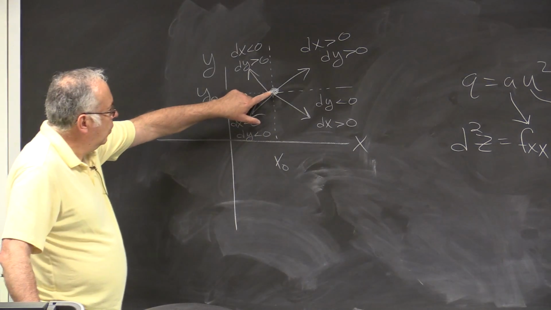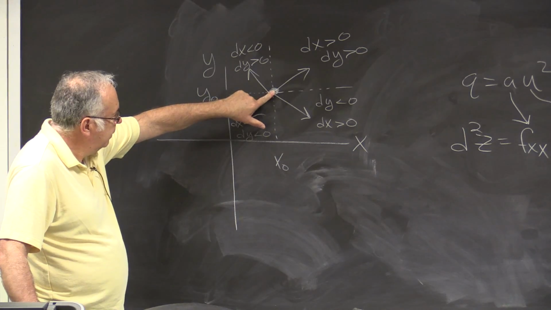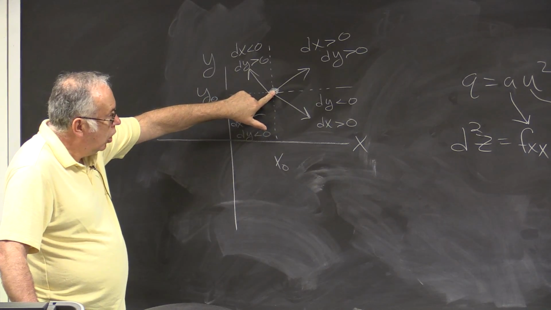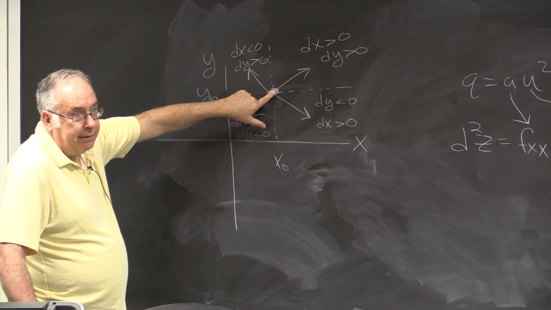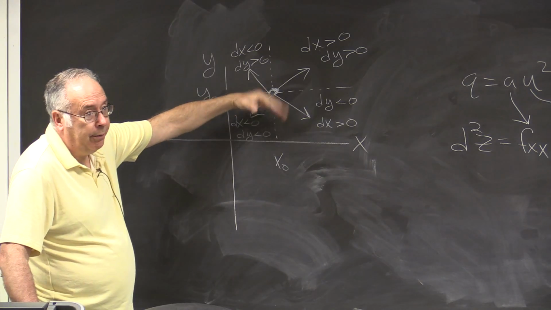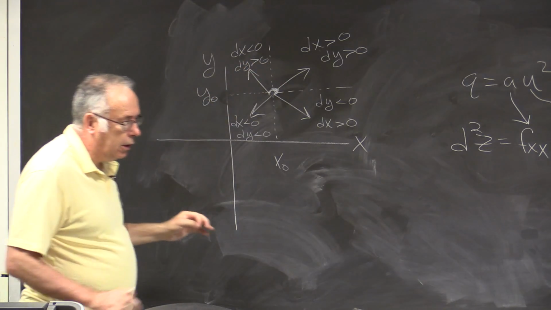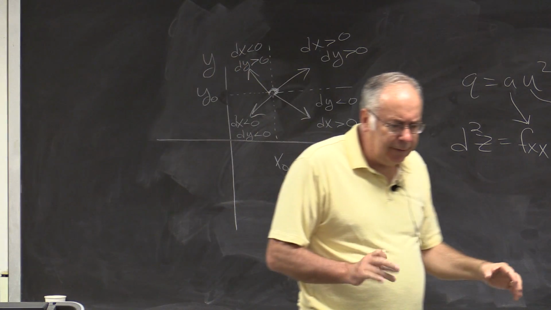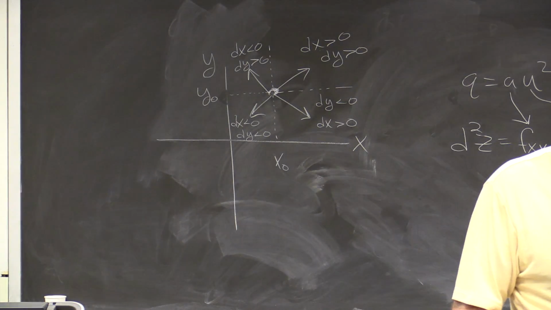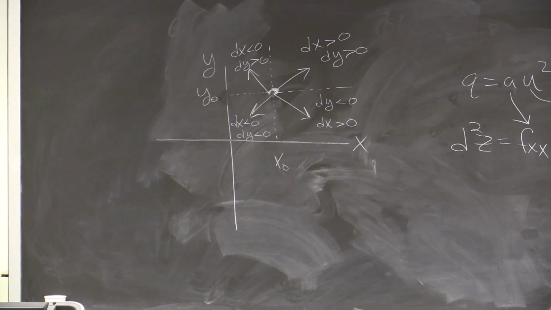So imagine you're moving away from this critical point, and for all possible values of dx and dy, there's an infinite number of paths you can take. So you want to know if for all possible values of dx and dy, suppose that the second order total differential is positive.